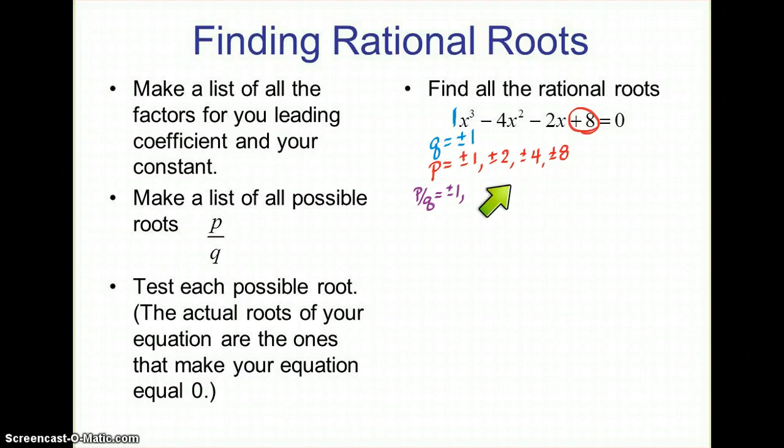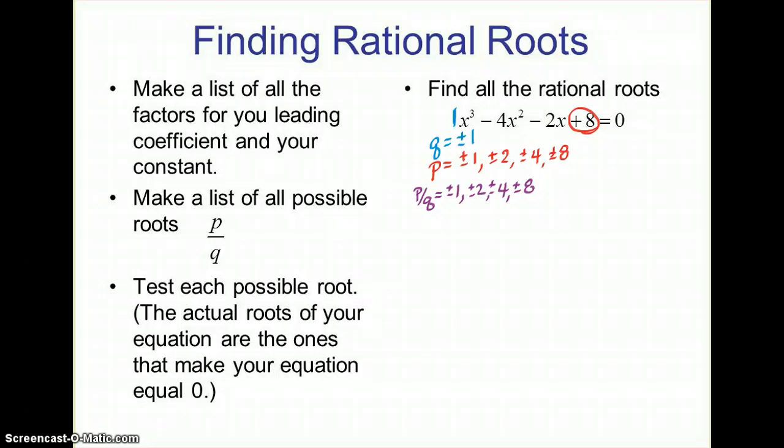And I continue down the list, 2 over 1, that's going to be 2. And then I go down the list again, 4 over 1. And then last, 8 over 1 is 8. Okay, so in this case I have 8 different possible roots for my polynomial.